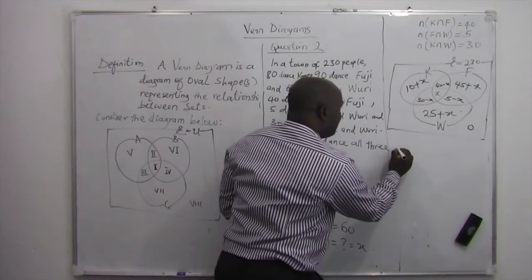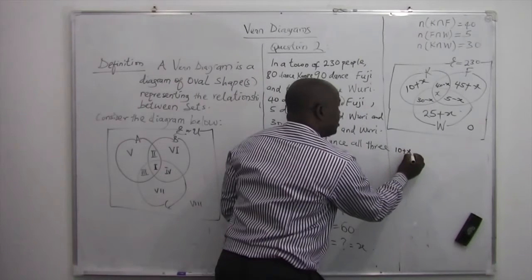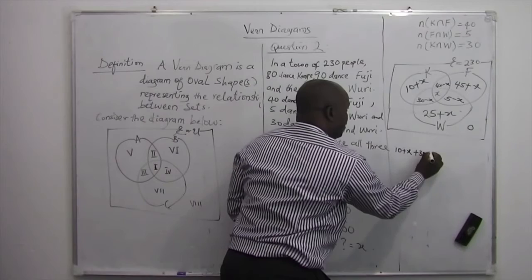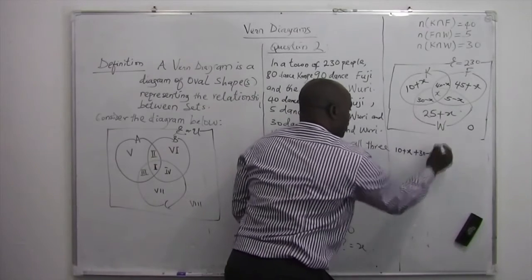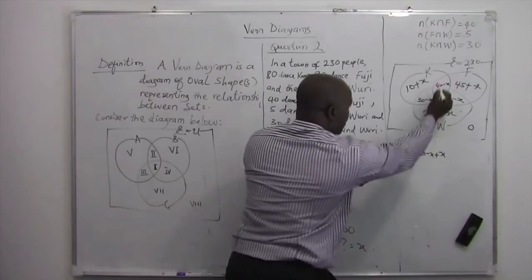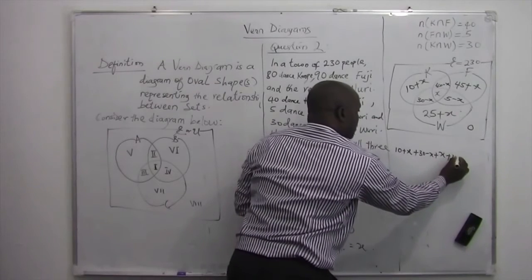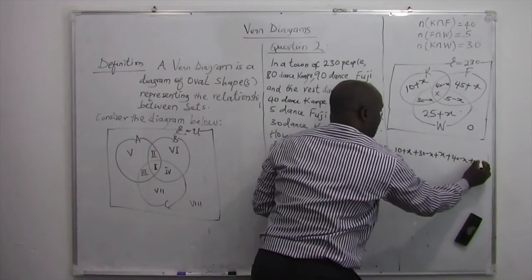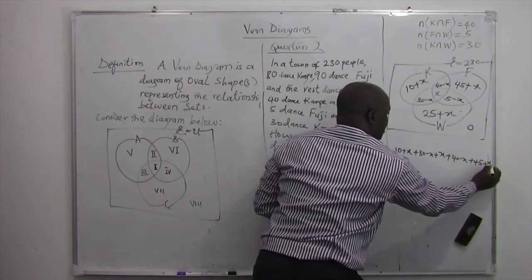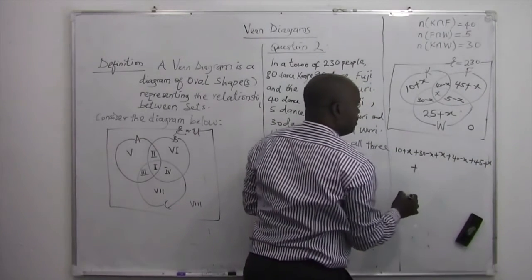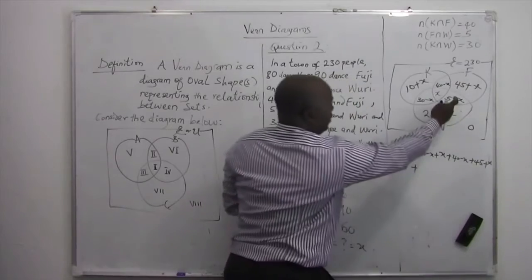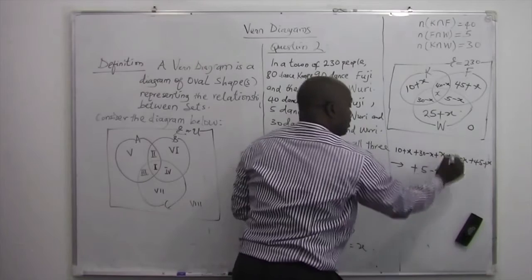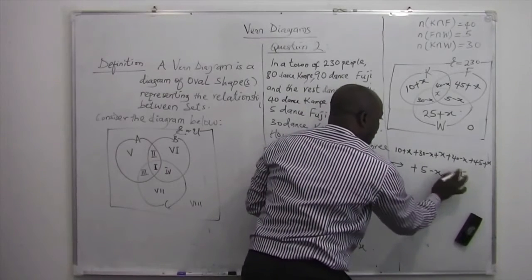That means I have 10 plus x, that's this, plus 30 minus x, plus x, followed by 40 minus x, plus 45 plus x, plus, we continue from there, 5 minus x, plus 25 plus x.